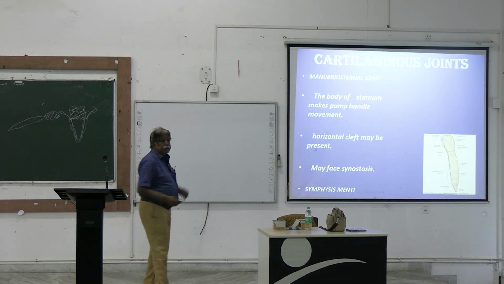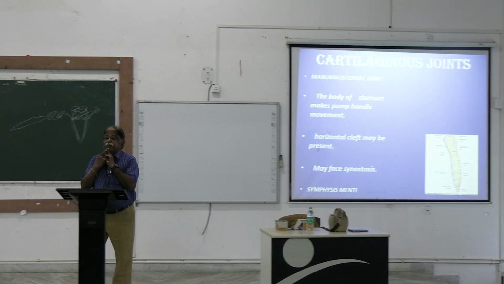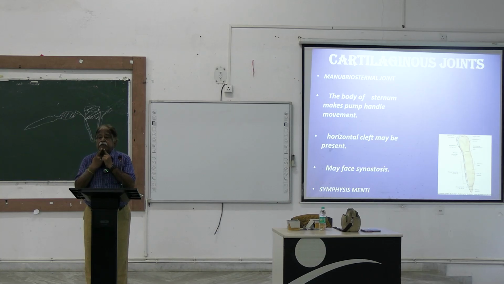Symphysis menti, the mandible, Symphysis menti joint. Okay, the mental foramen. When you study your head and neck you will come across the Symphysis menti, these two mandibles coming together, and this is the Symphysis in the midline.